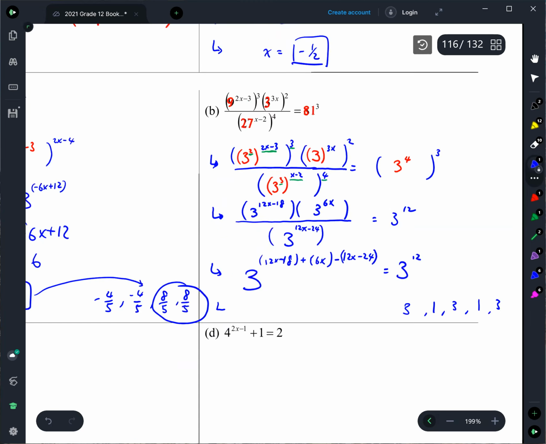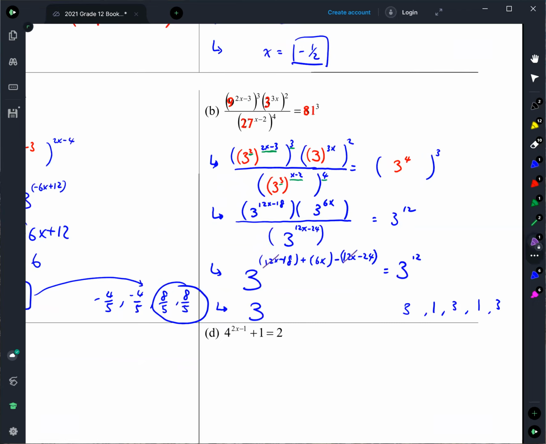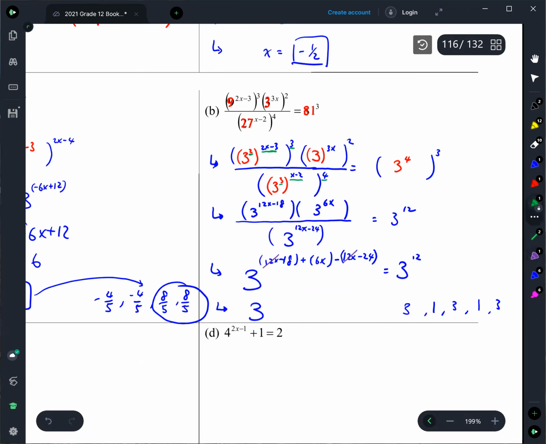There's still one more step to do. We need to simplify the left side now. The 12x can cancel with the 12x because they're subtracting. So you're only left with 6x, and then you have negative 18 minus negative 24.